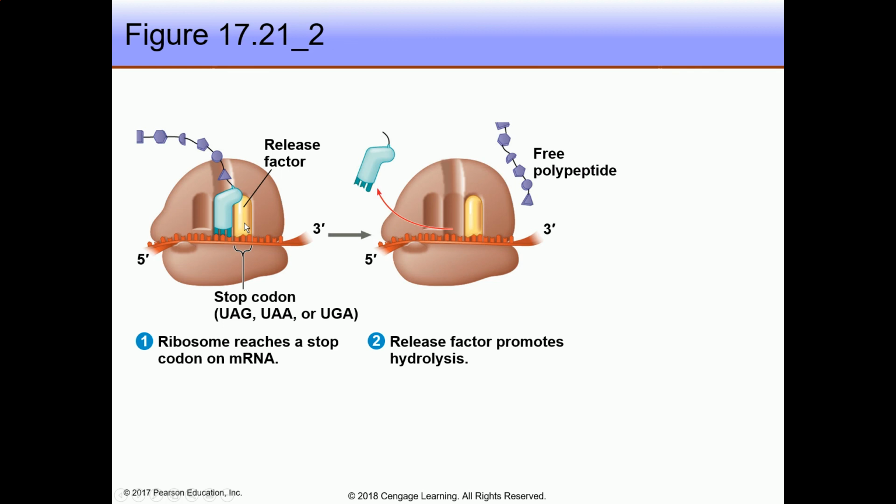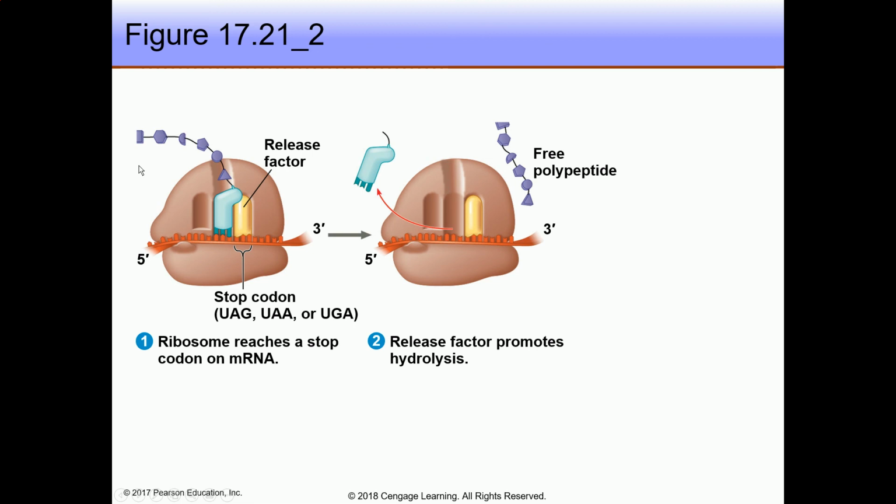When the release factor binds on the A site, the transfer RNA sitting on the P site breaks its bond with the peptide. The peptide is released, and this transfer RNA moves from the P site to the E site, the exit site.